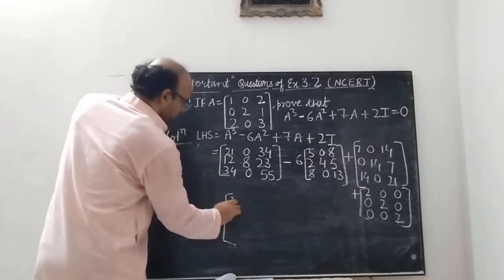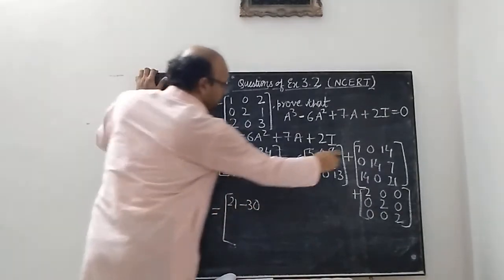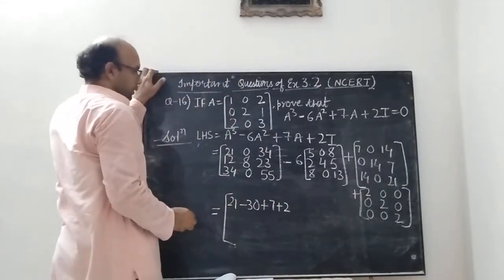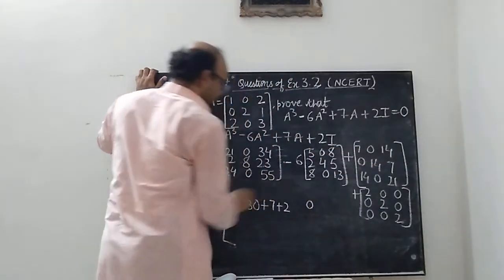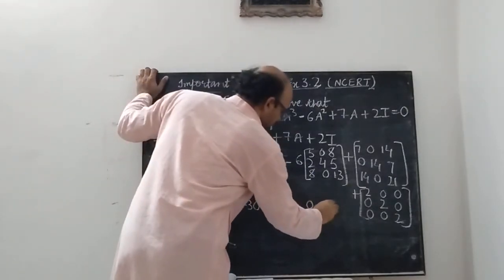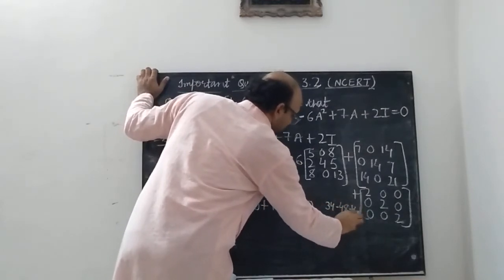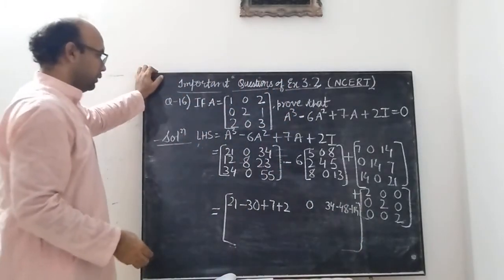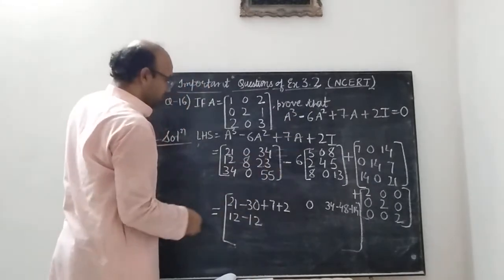So what we get is 21 minus 6 5 is 30 plus 7 plus 2. Similarly, 0, 0, 0 and 0 will give us 0. This is 34. 8 is a 48. Plus 14. You have 12 minus 12. Rest of the elements are 0.